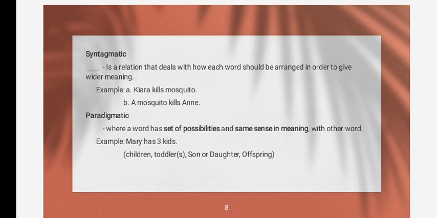Example: A. Kiara kills mosquito. B. A mosquito kills Anne. Paradigmatic, where a word has a set of possibilities with the same sense in meaning as other words. For example, Mary has 3 kids: children, toddlers, son or daughter, offspring.